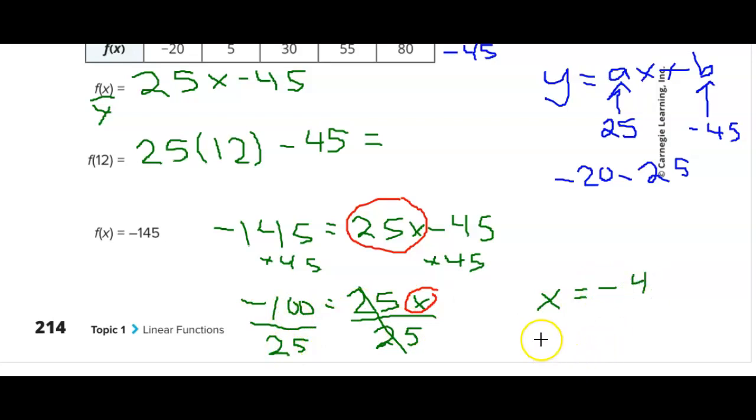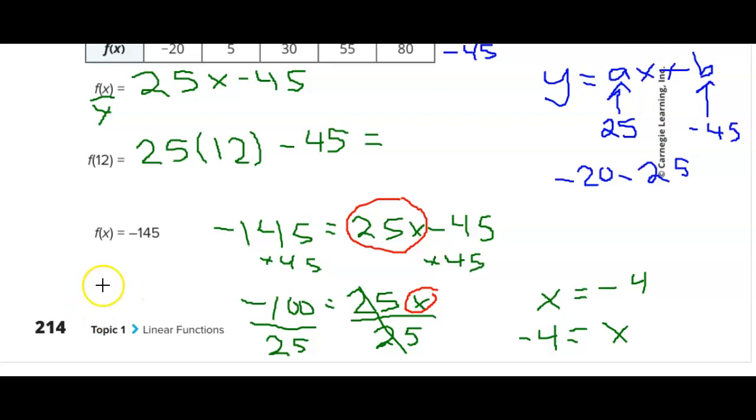You could also write it the other way. The order does not matter. It's equally correct to say negative 4 equals x. Both of these mean exactly the same thing. And what you've discovered is when x equals negative 4, y would equal negative 145.